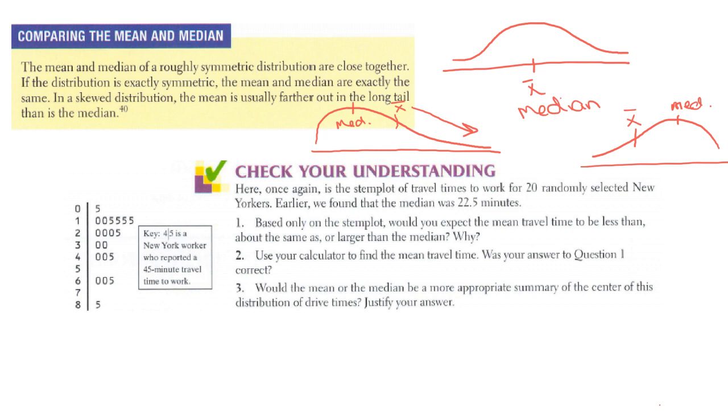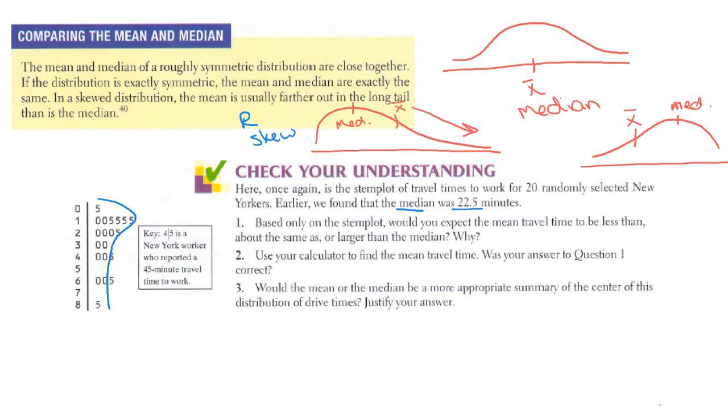Okay, so when you're looking at these, this is based off the New Yorkers from before. So we know the median is 22.5 minutes. Based on our stem plot, would I expect the mean to be less than, about the same, or larger than the median? Well, if I look at how my data is distributed here, I have a form of right skew.